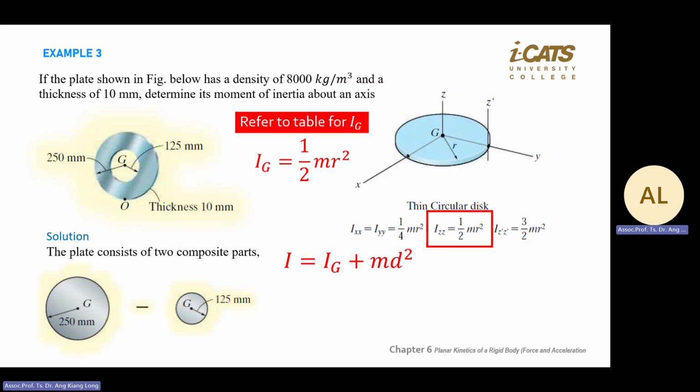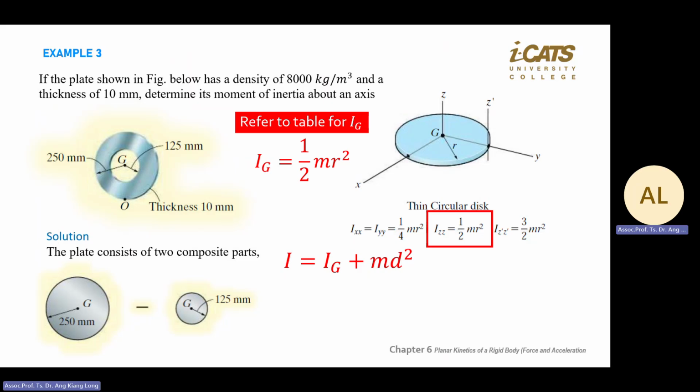Then md square: I already posted the answer in the WhatsApp group. If you look at the photo that I shared, this D is from G to O. It's the same for both rigid objects. So D here is 0.25 meter.